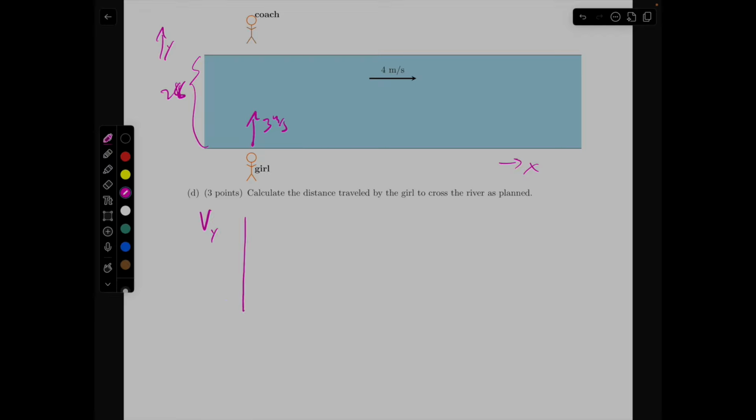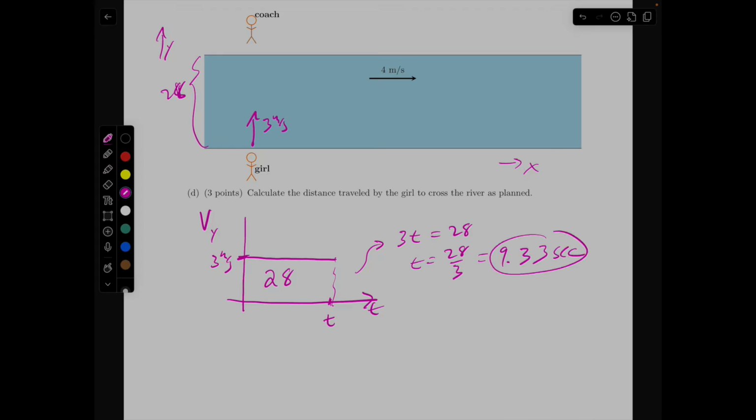If I draw a velocity graph in the Y direction, where this is time, I know that her velocity is 3 meters per second. I don't know how much time it's going to take, but I know her velocity is constant, and I know that the area is 28. So this turns out to be pretty straightforward because we're just dealing with the area of a rectangle. So 3 times t would be equal to 28, which means t is 28 over 3, which is about 9.33 seconds. That's how long it's going to take her to cross.